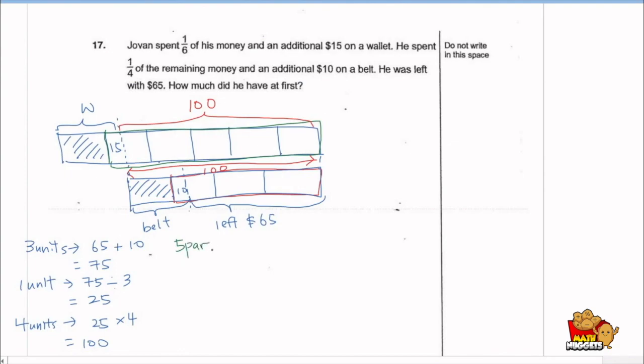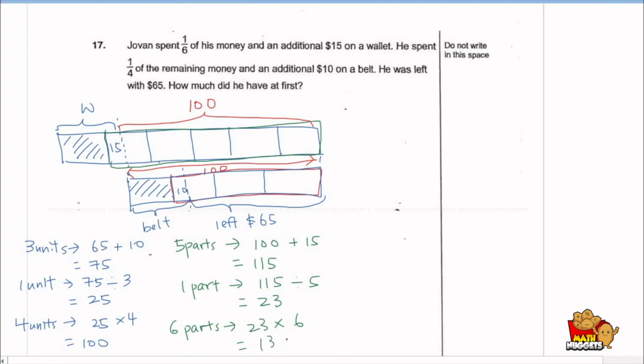The 5 parts on top would be 100 together with the 15. So 5 parts is equals to 115. So in order to find 1 part, I will take 115 divided by 5. Get 23. So how much did he have at first? I just need to find the whole entire thing at the top row, which is 6 parts. 23 times 6, which is 138. That will be the answer.